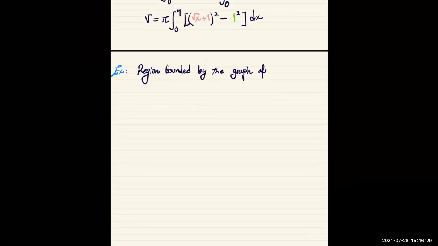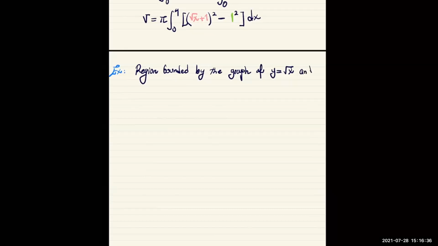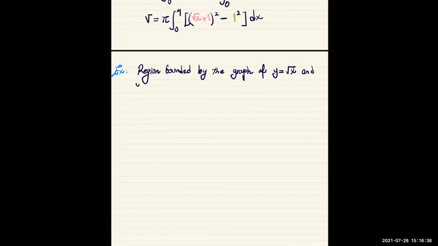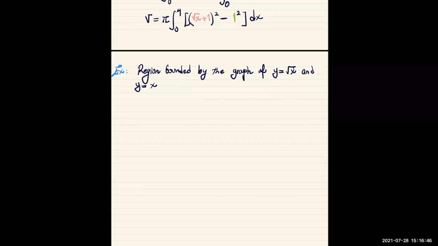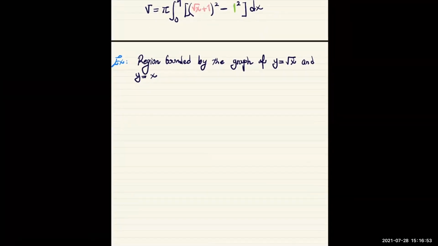So graphs of y equal to root x and basically just y equal to x. Let's just make it simple. And I'm gonna revolve this region around multiple lines. Okay, I'm just gonna do parts A, B, C, and so on. Okay, so let's find the bounded region first of all. We all can graph these two functions hopefully easily.